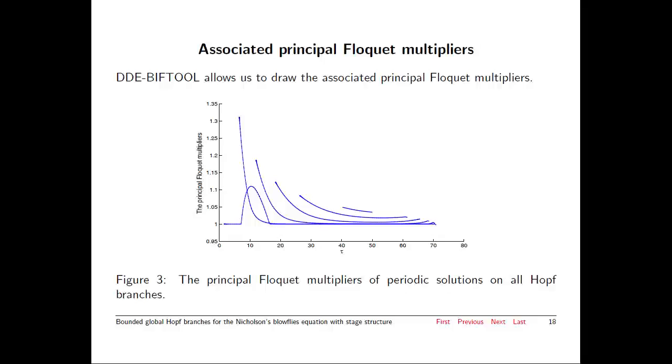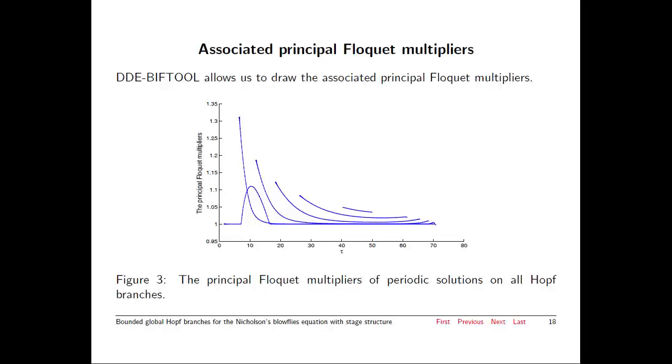So numerically, you just don't know? Numerically, you can calculate the Floquet multiplier, and then you can determine why the periodic solution loses its stability.